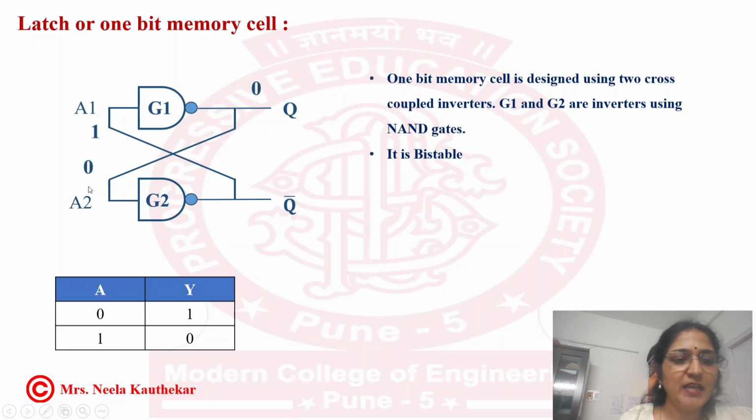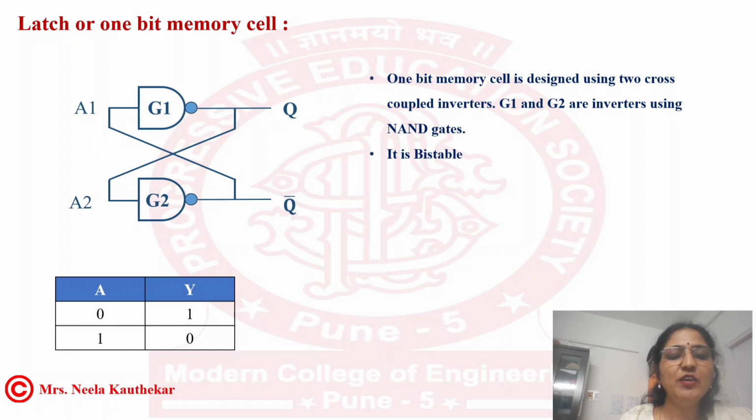So 0 is again applied to G2 and the output of G2 will be 1. You can find that when at one stage, or at one clock, we have the value 0, that value remains 0 till the end. Or you can say that 0 is locked or latched in the 1-bit memory cell.